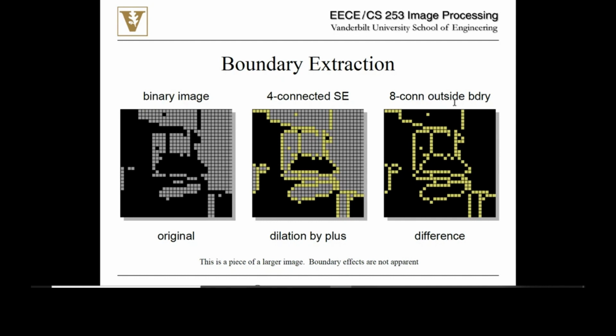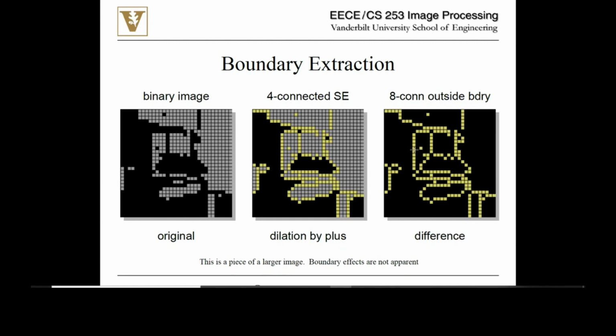The boundary is not contained in the image, it is contained in the background. If I use this 4 connected structuring element, then the boundary is 8 connected. And the same as before, if the structuring element is 8 connected, then the boundary is 4 connected. So the boundary is connected by edges, or here it is connected by edges or corners.